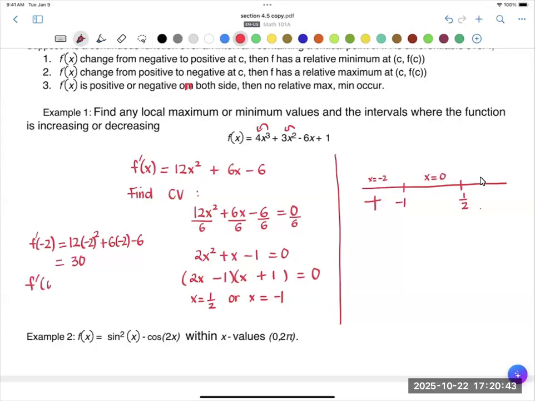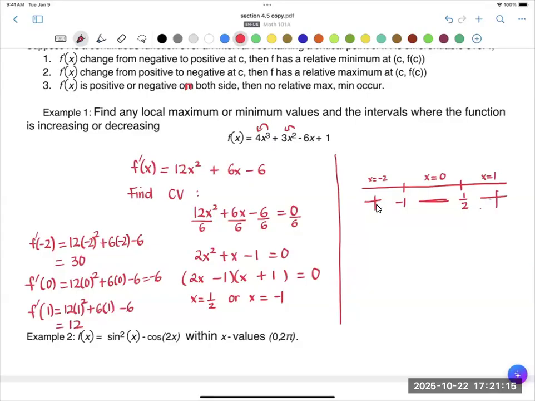F prime of 0 is 12 times 0 squared plus 6 times 0 minus 6, which is negative 6. So the one in the middle is negative. The next one, because this is a polynomial, will most likely be positive. So we're going to choose x equals 1. F prime of 1 is 12 times 1 squared plus 6 times 1 minus 6, and that gives you 12, which is positive.